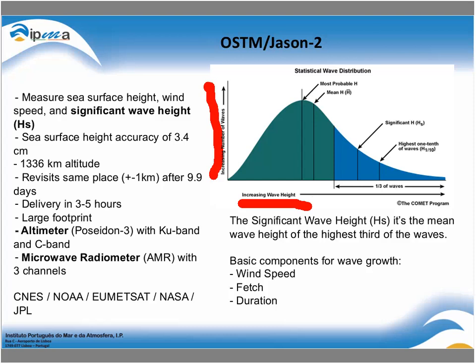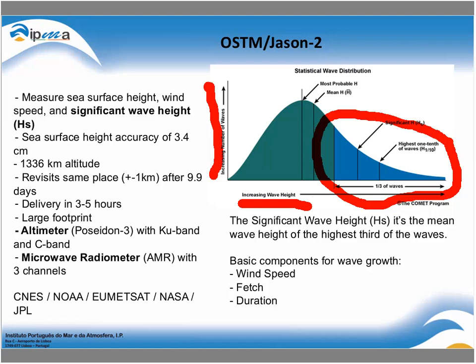So the significant wave height is the highest third of the waves, and it's the mean of that highest third of the waves. So when you are predicting a significant wave height of 3 meters, it can be a little higher and a little lower, but this is what it represents for you.